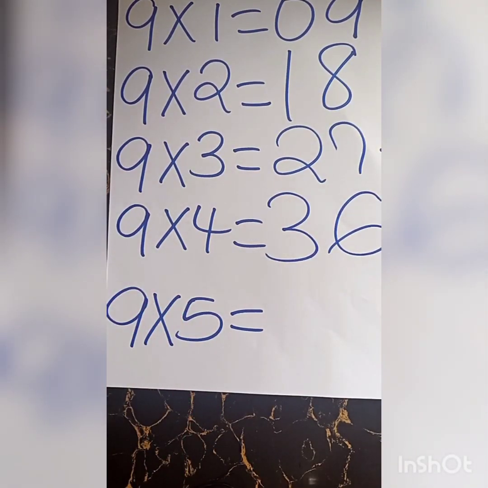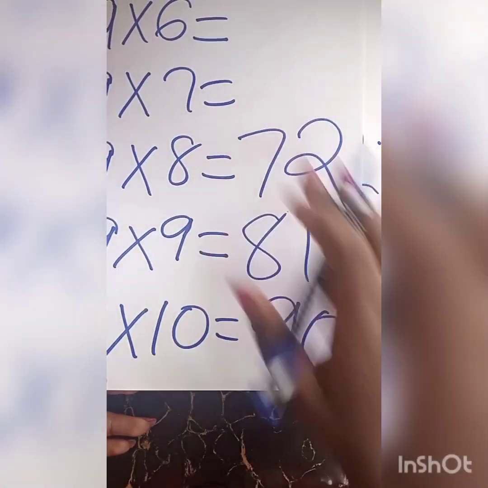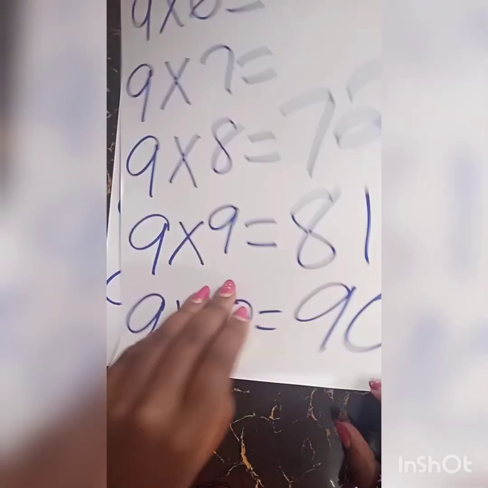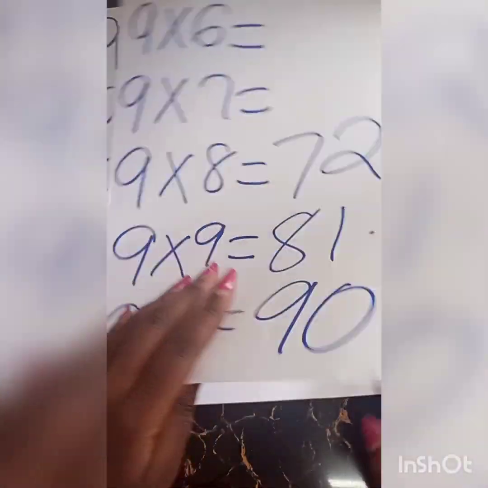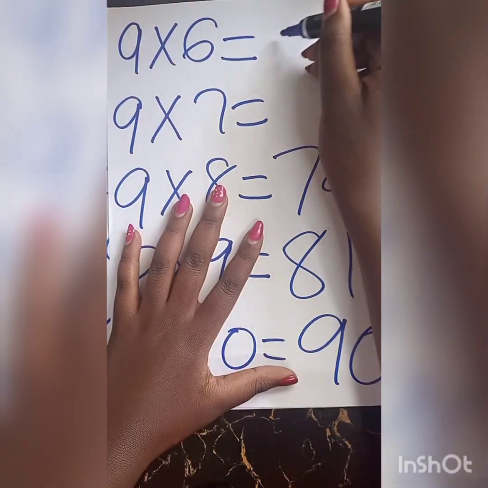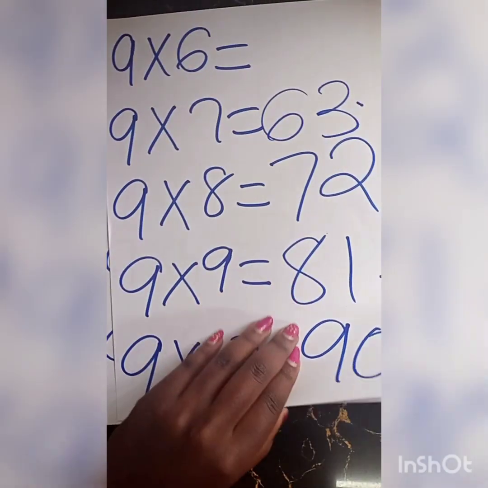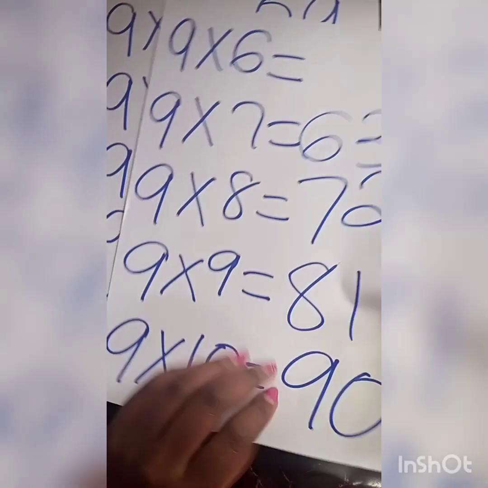So that therefore means that 9 times 7 will be the opposite, or the reverse, of 9 times 4. Okay, so the reverse of 36 is 63. So you'll write our 63 over there. Are we following? Okay.